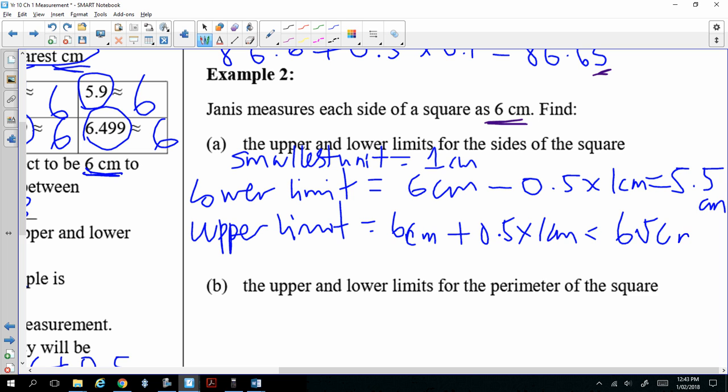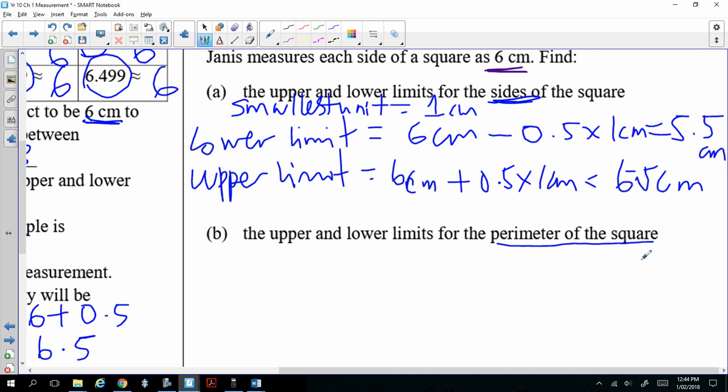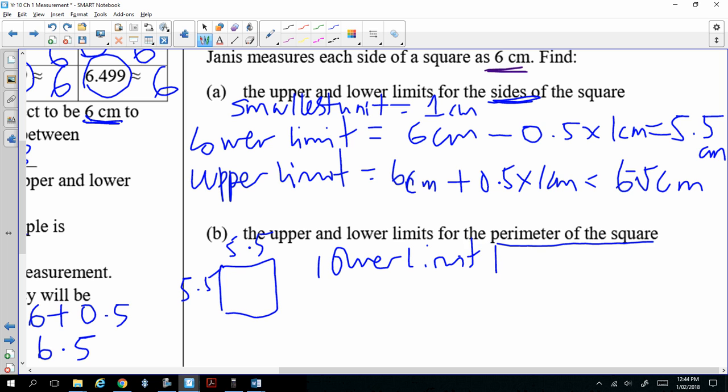This is the upper and lower limit of the side of the square. We now have to find the upper and lower limits for the perimeter of the square. The lower limit for the perimeter equals 4 times 5.5.